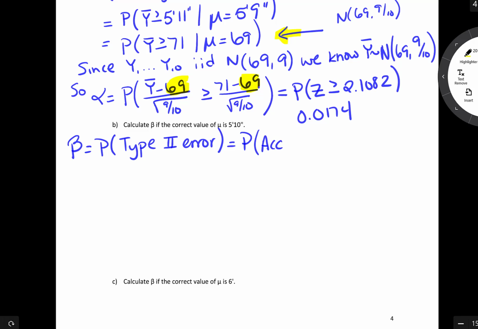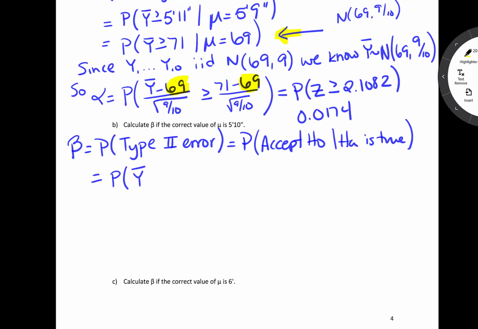But again, I think often just to make it easier to write, we're going to write accept the null. Again, keeping in mind that really means that we have failed to reject it, given that H0 is true. Okay. And again, we can write this in terms of our problem statement. So we accept the null when y bar is less than 5 foot 11 inches.